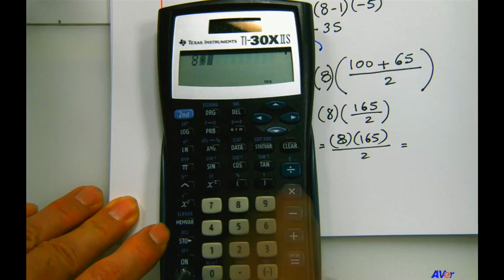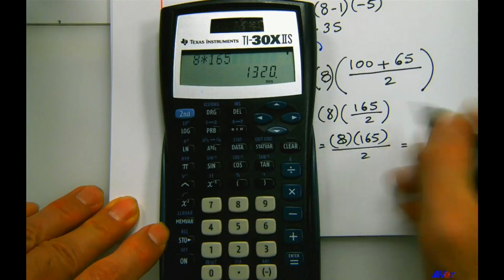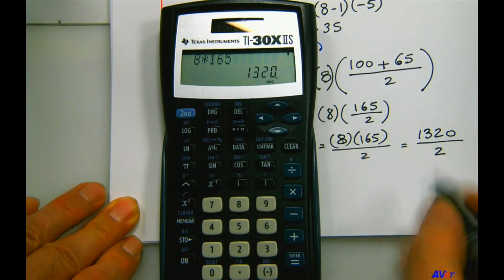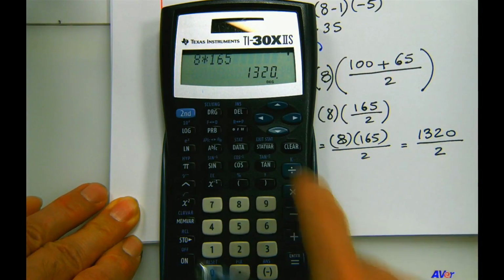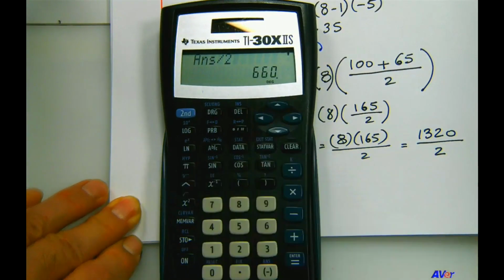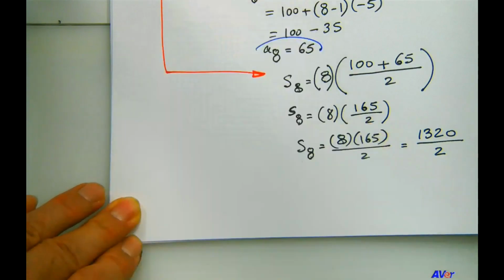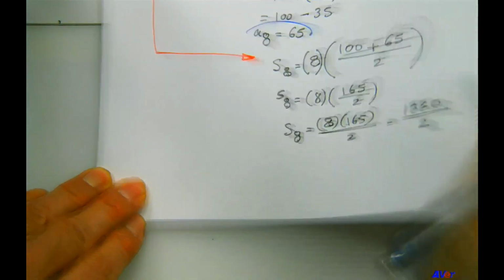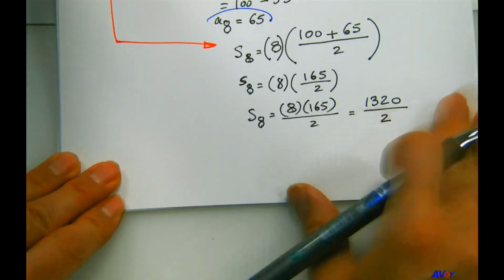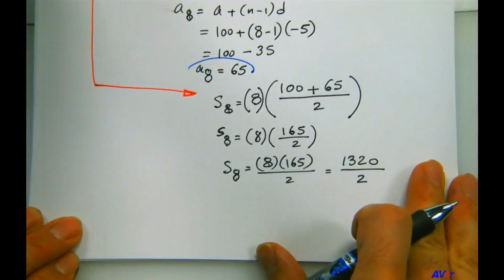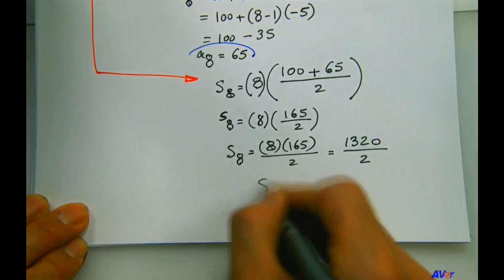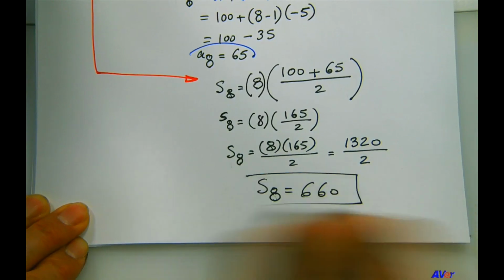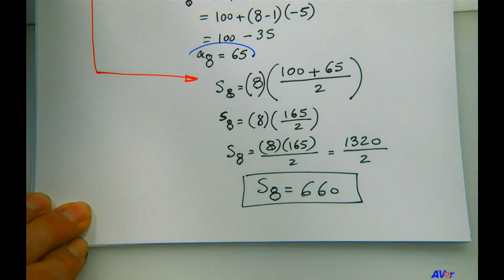So 8 times 165 is 1,320, divided by 2. Therefore, that divided by 2 is 660. So S8 is 660, like that. Okay.